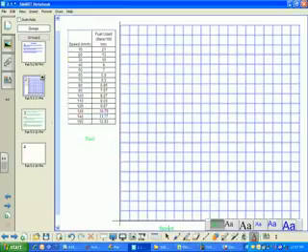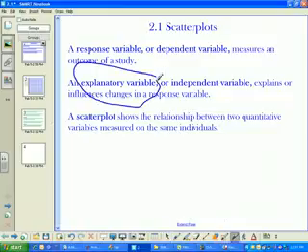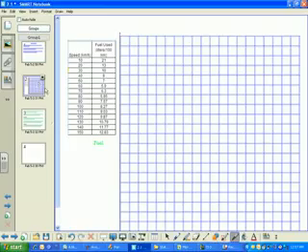So in this case, our speed is our independent variable, and our fuel is our dependent variable, or in other words, our speed is our explanatory variable, and the fuel is the response variable.